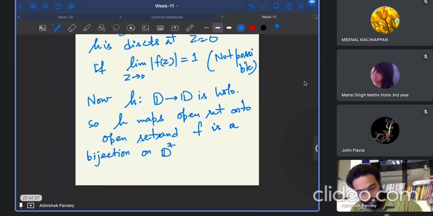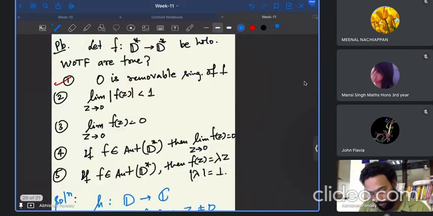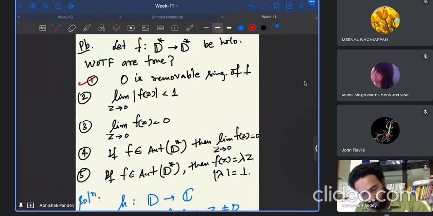So h of 0 has to be, wait a minute. So the second one is fine.